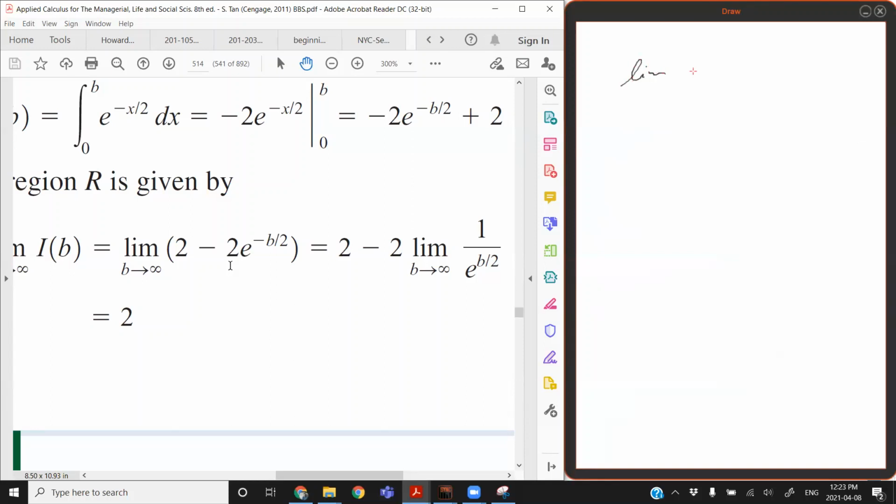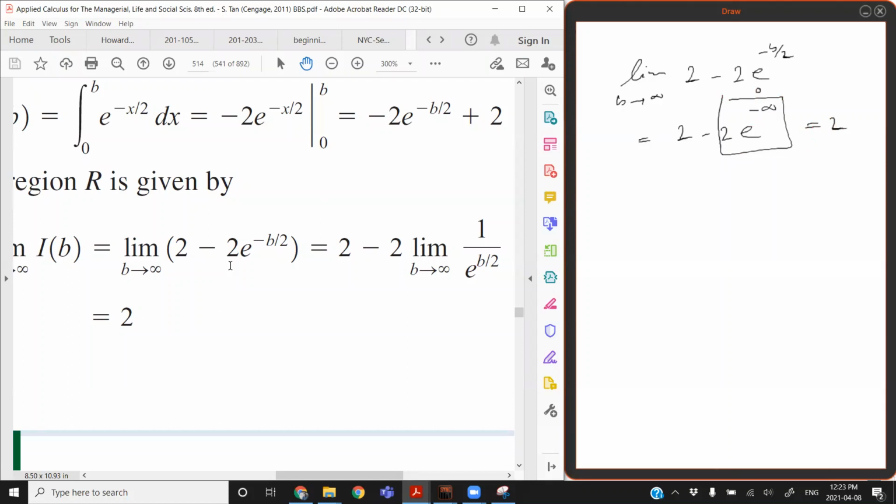So it's going to be limit of 2 minus 2e to the power of negative b over 2 as b approaches infinity. If I just replace b with infinity, I get 2 minus 2e to the power of negative infinity divided by 2, which is negative infinity. Yes, and this is going to be 0. So the answer is 2.